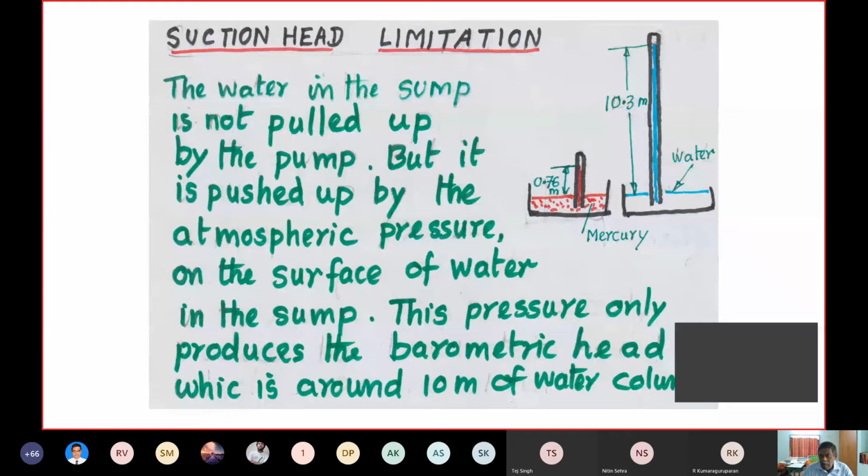Some vacuum will be there, maybe filled with the vapor pressure, not full vacuum. In some places they call it the Torricellian vacuum. So above that, some vapor pressure will be there, because corresponding to temperature, water would have vaporized. So corresponding to the temperature, the vapor is there at the top and it will exert a vapor pressure.